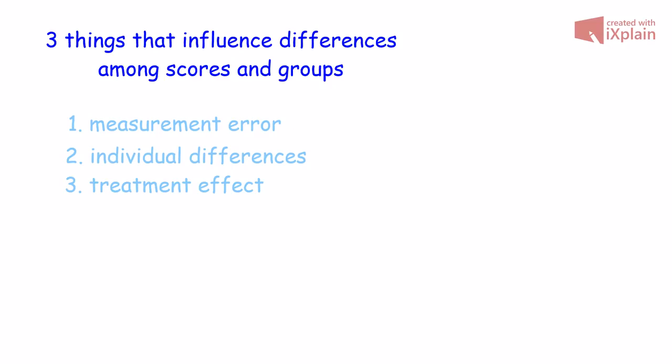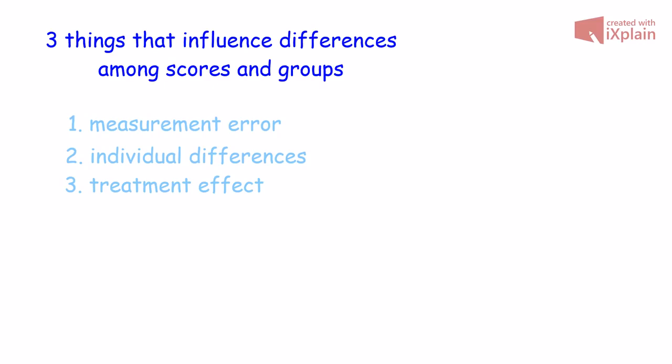The second contributing factor to variability is individual differences. People are different. One person is going to have a different score than another person just because of natural variability of things. This is true of people. This is true of plant seeds. There's just individual differences among things that we do experiments on.